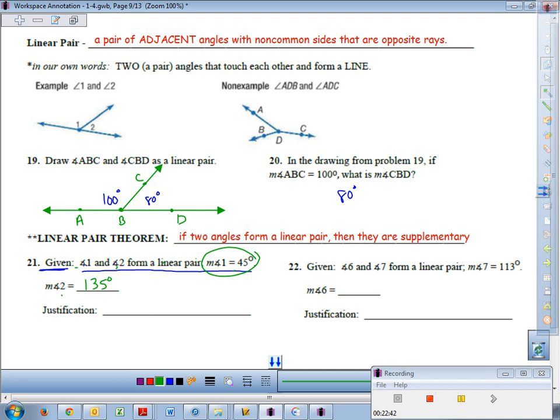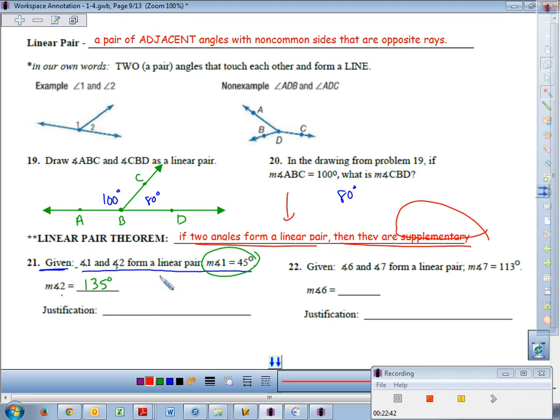And we don't write a sentence. We don't do any of that. We use either a definition, a postulate, or a previously proven theorem for a justification. Why did we know that? Well, isn't that exactly what this says? That if you have a linear pair, then they're supplementary. Do you know what supplementary means? It means that they have to add up to be how much? 180. So, did we have a linear pair?